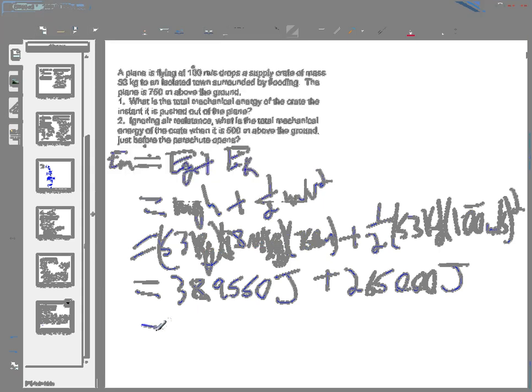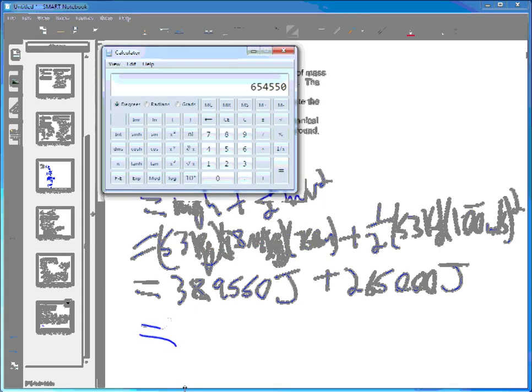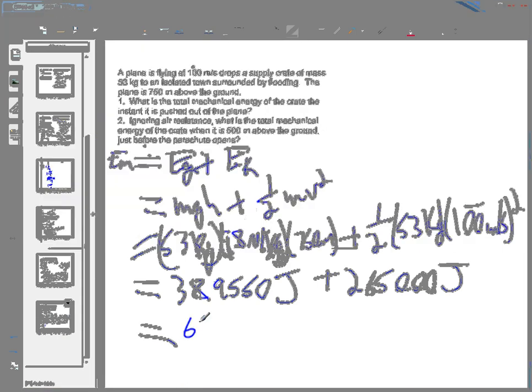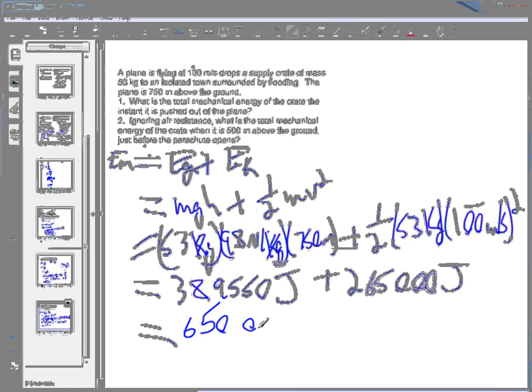So that's going to be equal to 650,000 joules, or 650 kilojoules. Either one is correct. Okay, so that's its total mechanical energy.